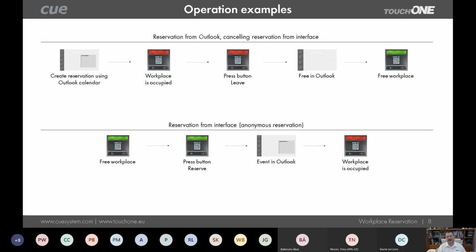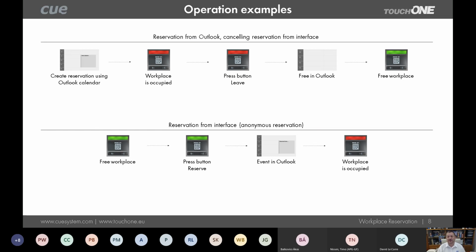If the time already started, or if you hit the time milestone where your reservation is starting, you will see that the interface at the workplace is changing the status from green to red, and the workplace is showing it's occupied.